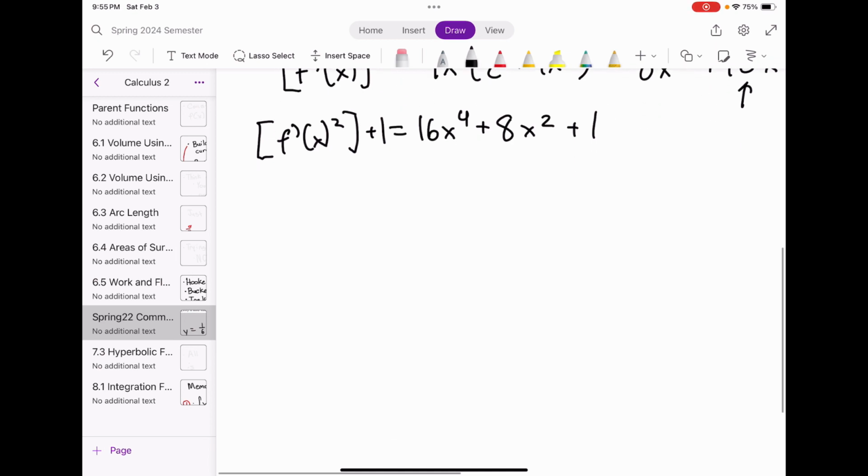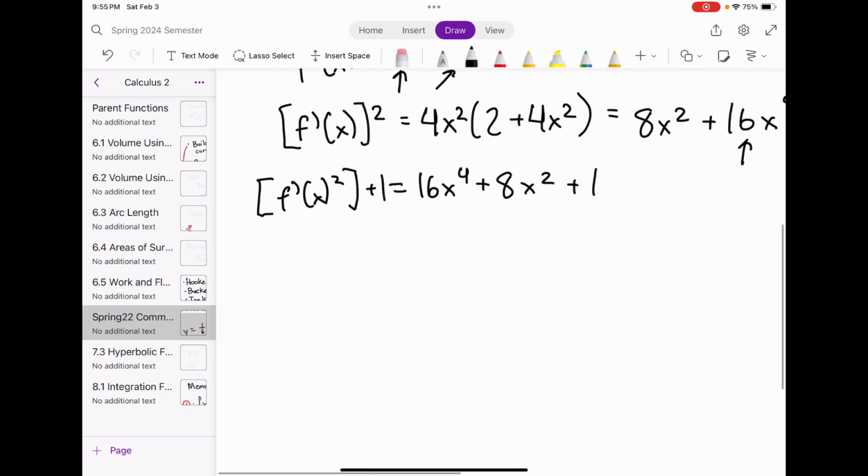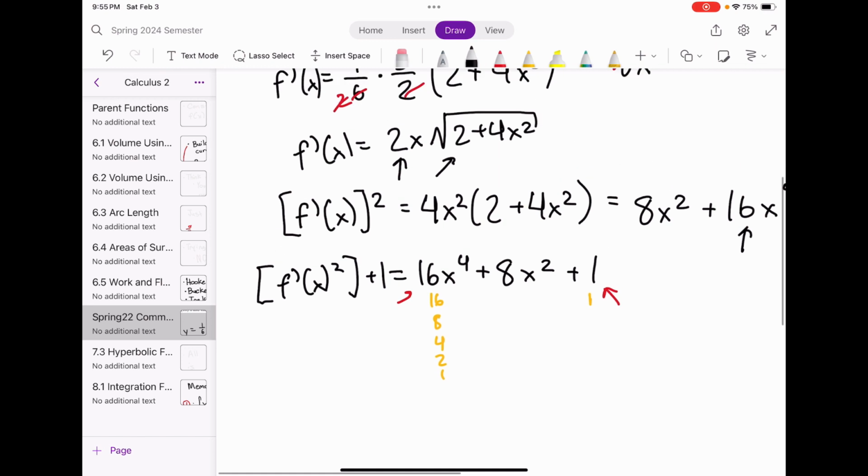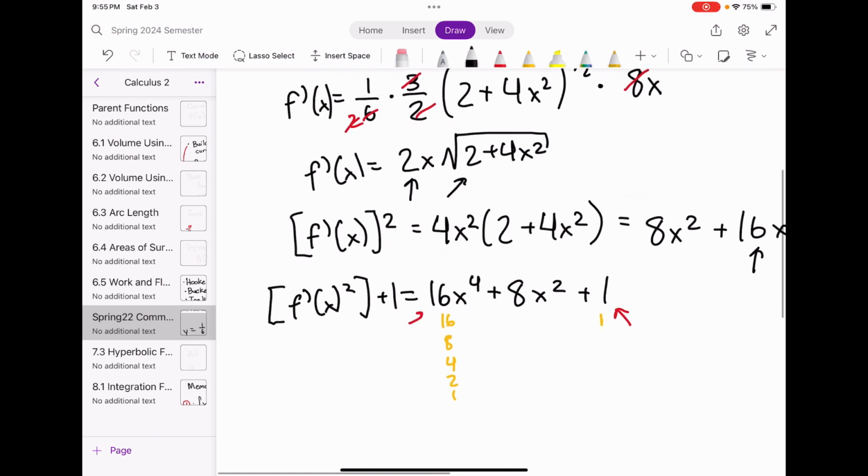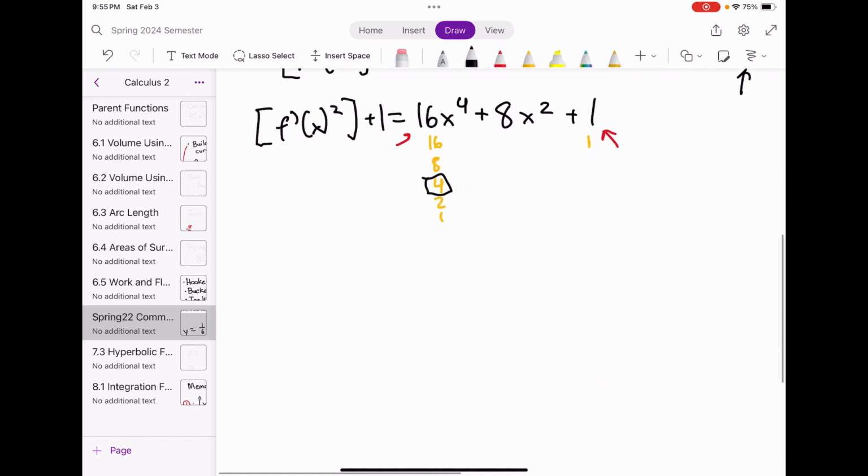So I'm going to look at the terms I can make with the first term and the last term. Over here I'm going to write this in yellow, 16, 8, 4, 2, and 1. And obviously for the last term it's just 1. And since I wanted something squared so that it would cancel out with the square root, I'm going to take this 4 here, which is my most likely answer: (4x squared plus 1) squared.